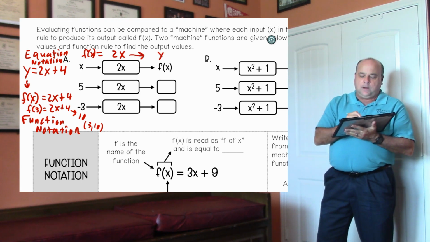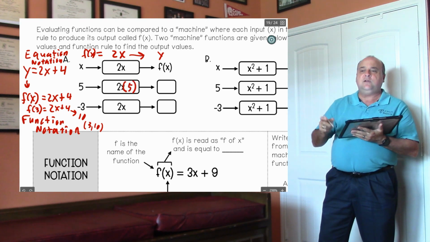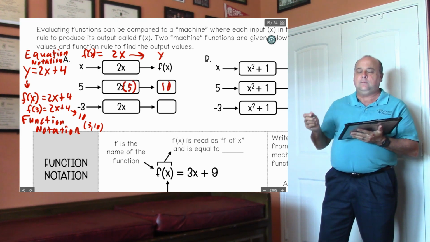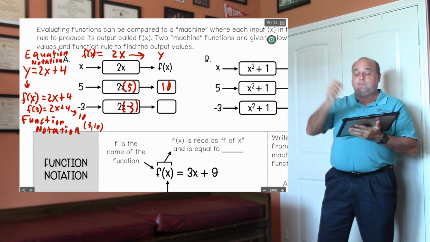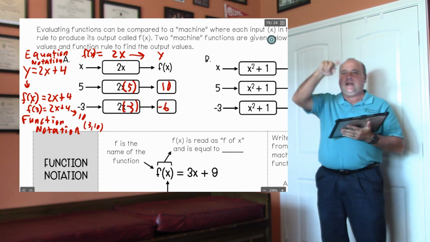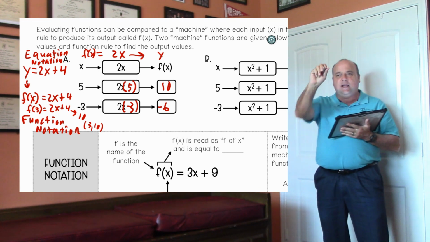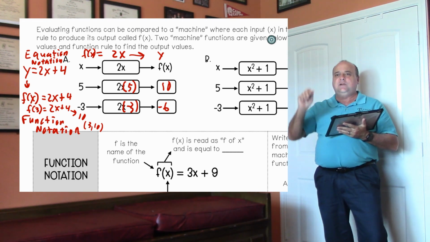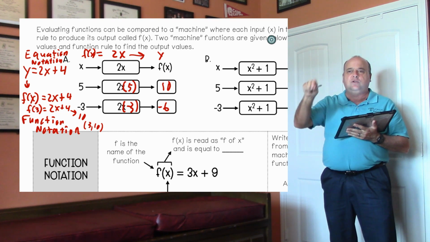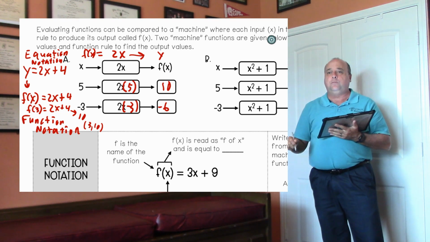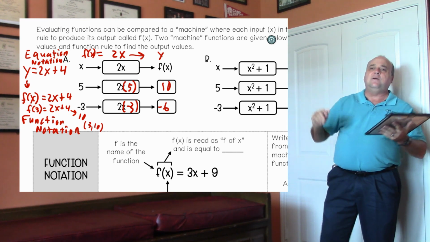So, if I were to replace this x with 5, 2 times 5 would be 10, wouldn't it? If I were to replace this x with negative 3, 2 times negative 3 would be negative 6. I like putting the x in parentheses, and that way you can plug it in. They didn't leave any space in these notes to do that. So, basically, you're replacing your x with your input and calculating your output. That's basically what a function does.